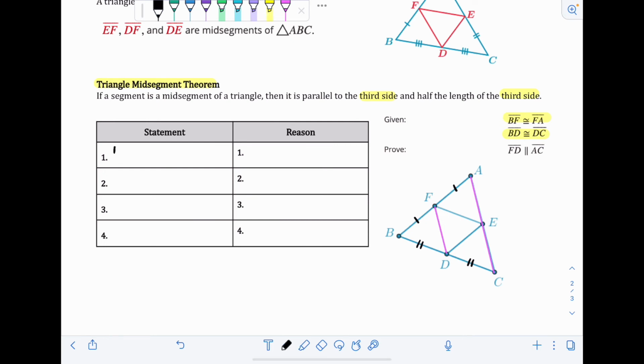And of course that was given to us, so that's our reason: it was given.